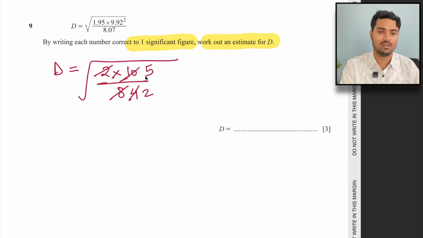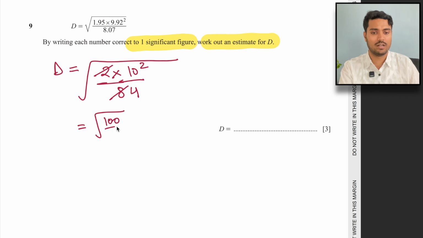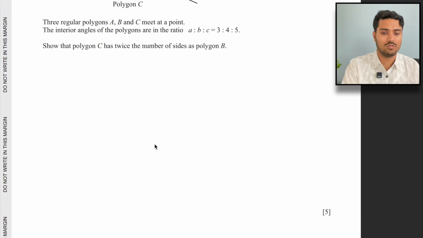Just a second, this is squared, this is squared. This is going to be 10 squared. So 2 ones are 2, 2 4s are 8. This is going to be 100 divided by 4, which is 25. So the value of d is going to be 5. This was 10 squared. Okay, let's move on to the next question.